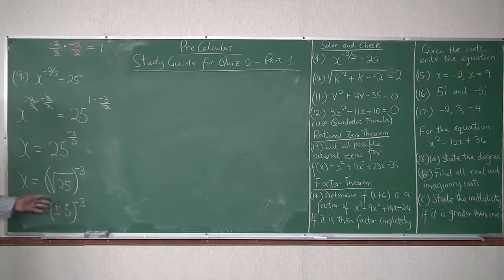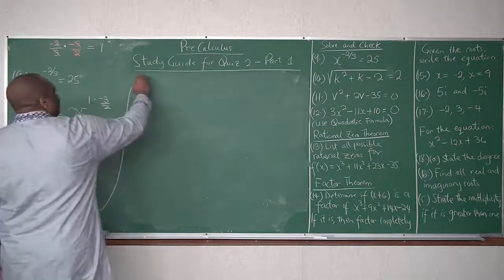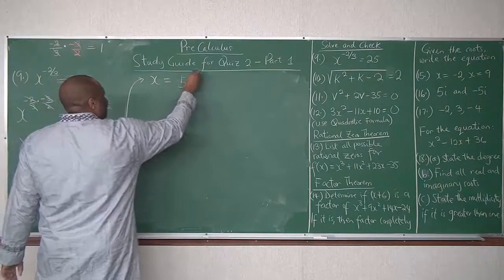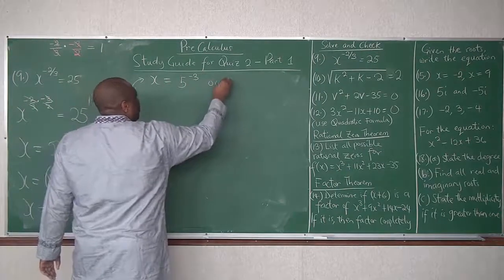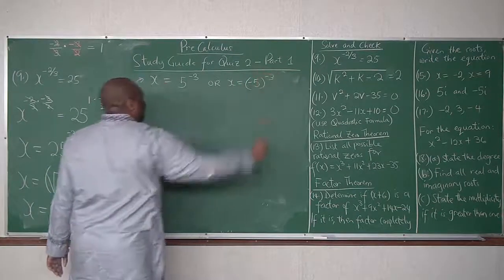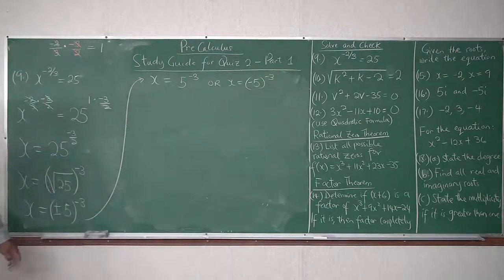Square root of 25 is plus minus 5, raised to power negative 3. So x is 5 exponent negative 3 or x is negative 5 exponent negative 3, whichever one you want to do.